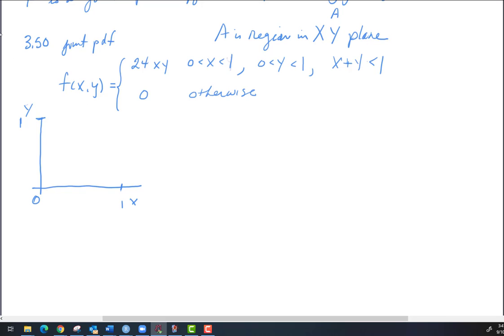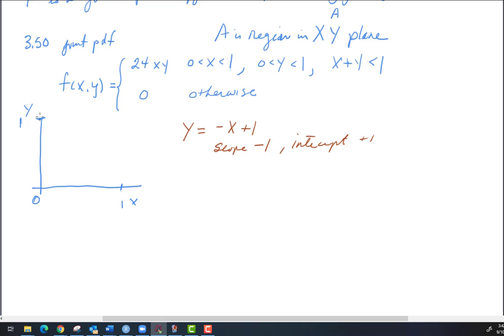Now, let's figure out what the boundary looks like for x plus y less than 1. So the boundary would be y equal to minus x plus 1. And I've written it that way because this is a linear equation we recognize, and it has slope -1 and intercept +1. So this would be the line.